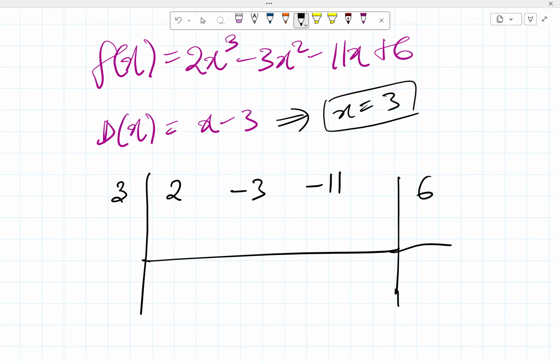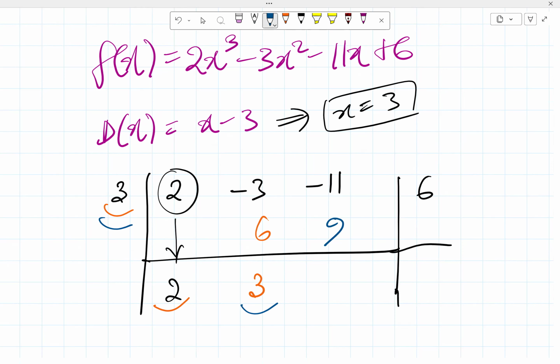Then we try to get the other factors, we now go this way. So this 2 now, you drop it first of all. So you have 2 here, then 3 times 2 is 6. So minus 3 plus 6 is 3 right here. Next, this 3 times 3 is equal to 9.